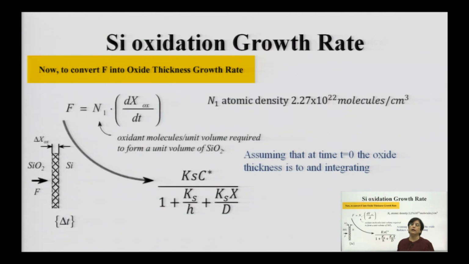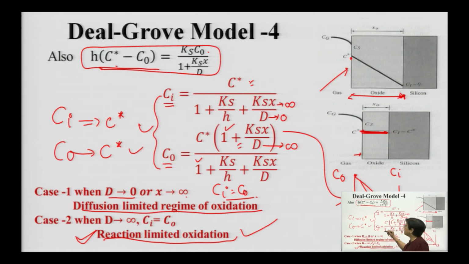Now comes the rate, how to calculate the rate at which the deposition, or the growth, happens. In all these calculations, our entire intention was, in terms of equilibrium concentration, to find the value of Ci and Co. And we found that there are two extreme cases. When diffusion is 0, we call it the diffusion limited regime.